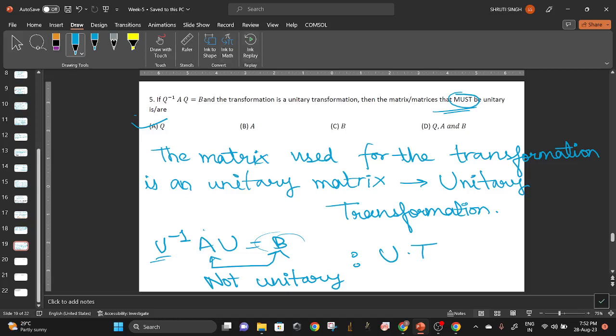What is the definition of unitary transformation? It is not only meant for orthonormal basis sets. What is unitary transformation? A similarity transformation in which the matrix we are using for the transformation should be unitary.